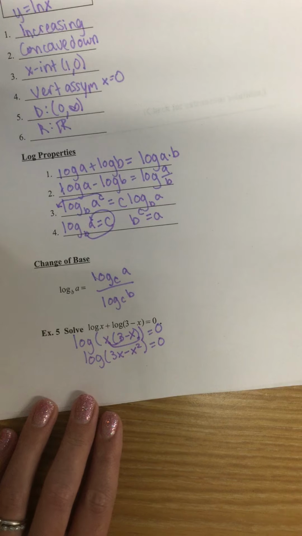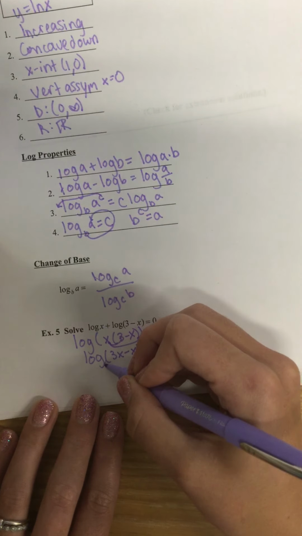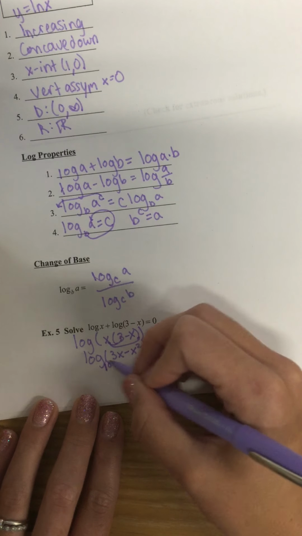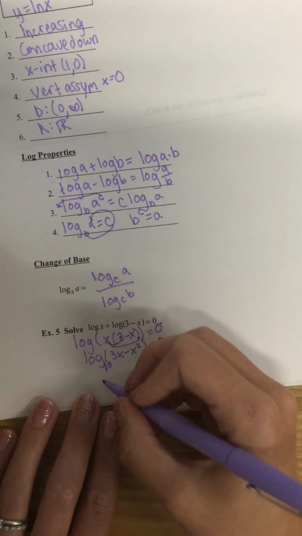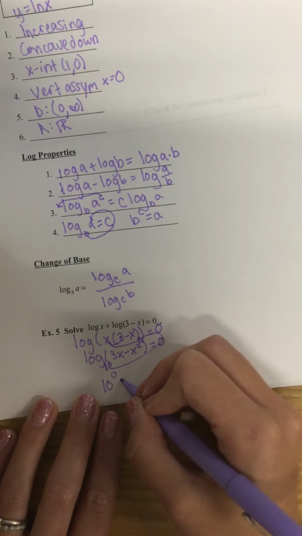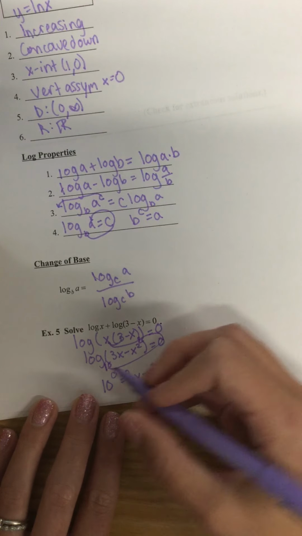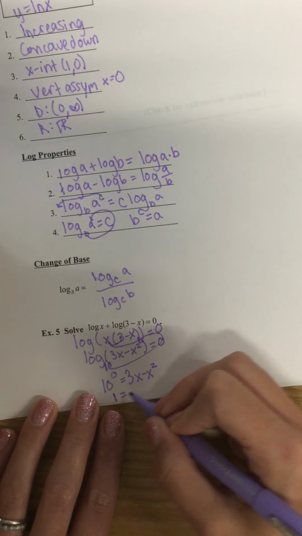Now that I have this, I can use this formula here to write it as an actual equation. Because the log here is obviously base 10, we're going to start with 10 to the power of 0 equals this. What's anything to the power of 0? Anything to the power of 0 is 1.